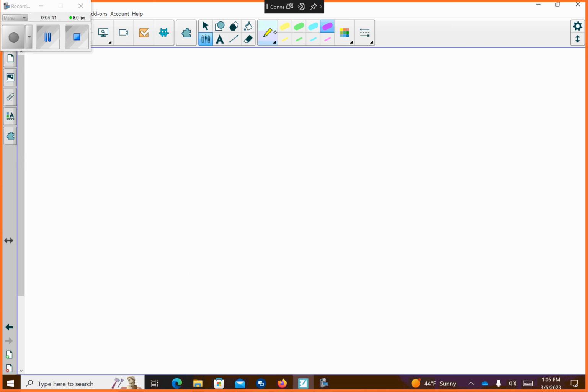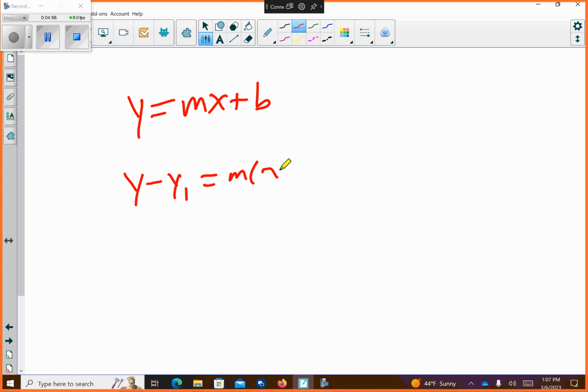So let's go back to Algebra 1 a little bit. We've all seen this equation. You might have seen this equation. You might even have seen this equation. These are all different ways that we could represent a straight line as an equation. y equals mx plus b. b is the y-intercept, m is the slope.